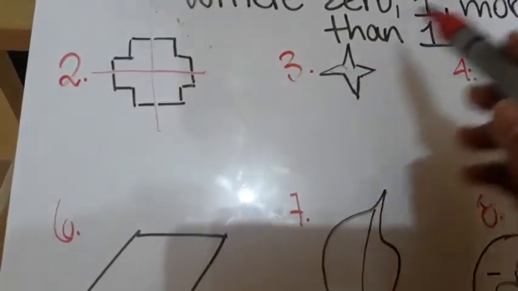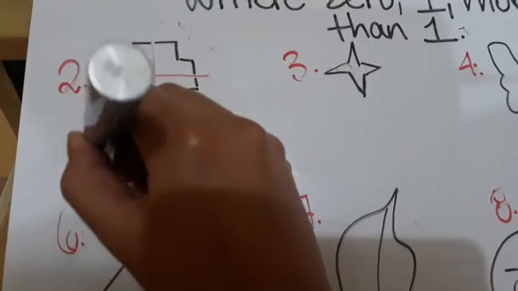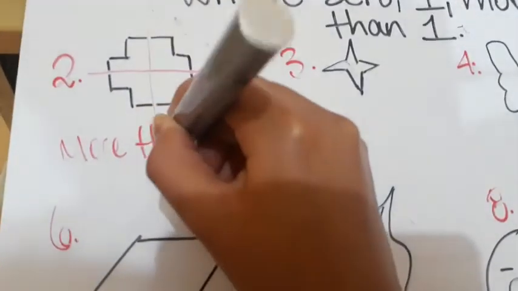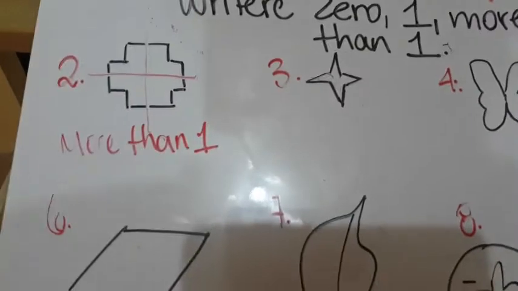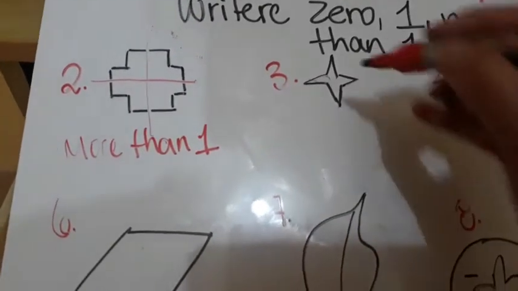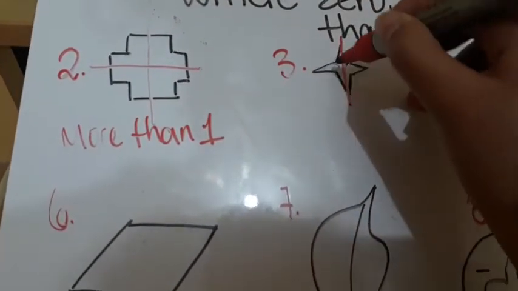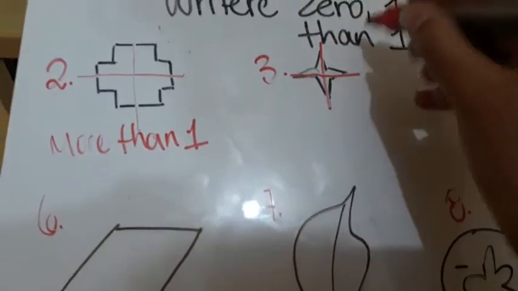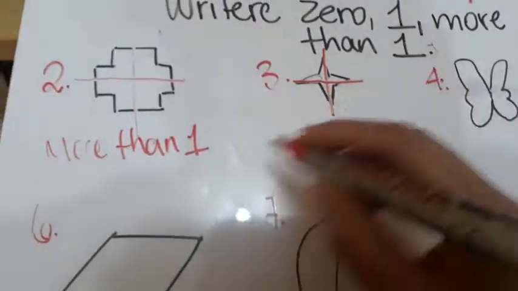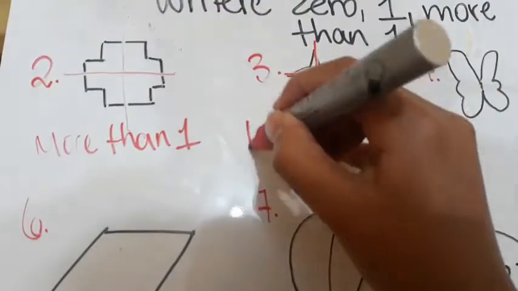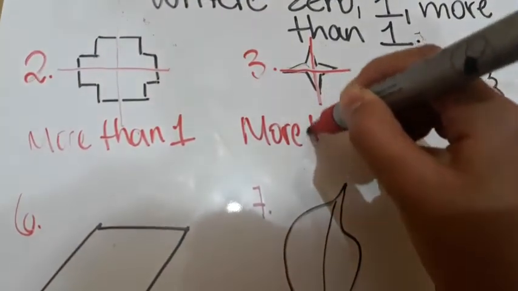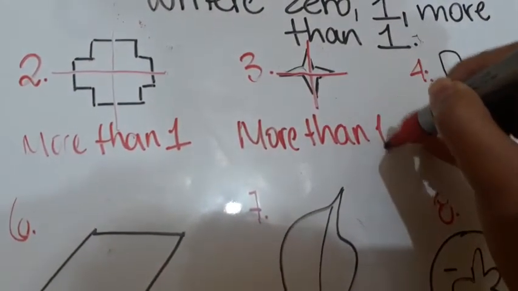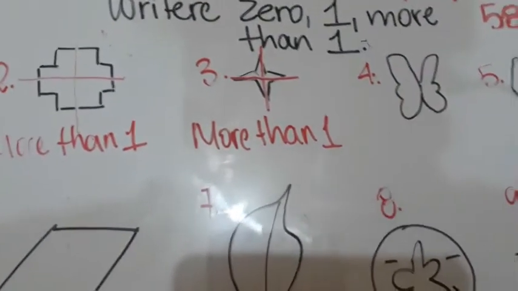So we have more than 1 line of symmetry. Okay, let's go with number 3. We're going to find line symmetry, so we can make this, and we can continue. I have 1 and 2, so that means we have more than 1. Okay, let's go with number 4.